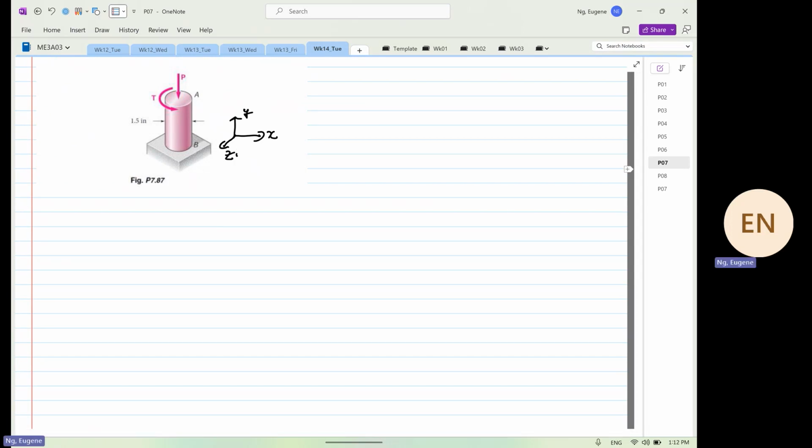If we were to pick an element, let's say we choose an element somewhere around here. If we were to sketch that element, we know in this element you have a load coming down.